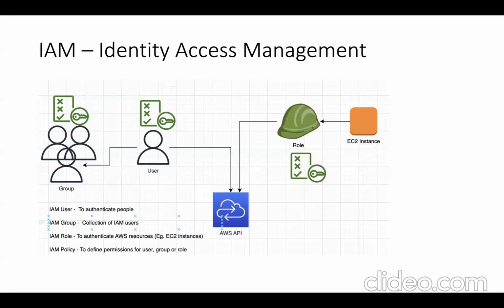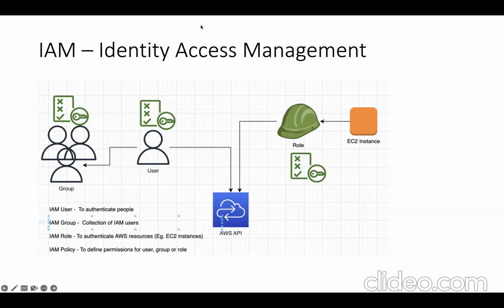On the right-hand side, access can also come from another AWS resource; an EC2 instance can get access from another EC2 instance. That's where a role has to be defined for resource-based access, and a policy should be attached to the role, which defines the permissions allowed for that role, and all the required resources can be attached to that role.